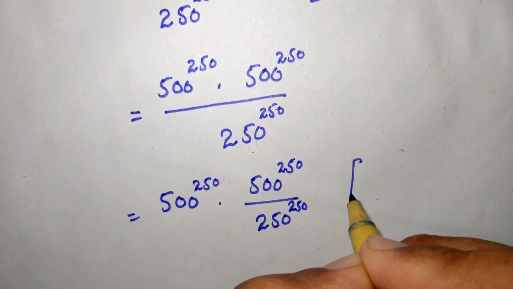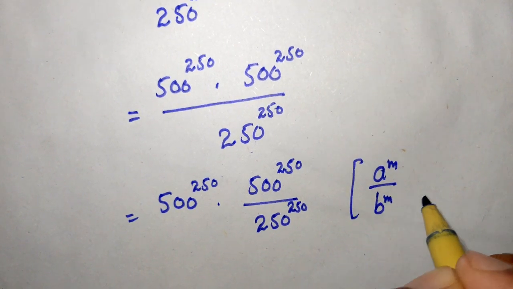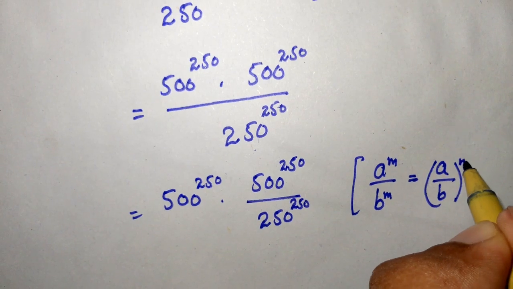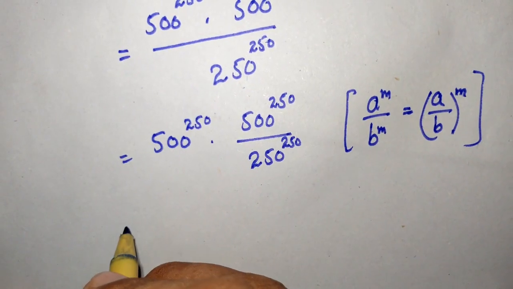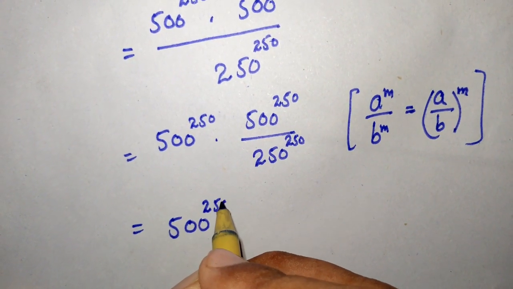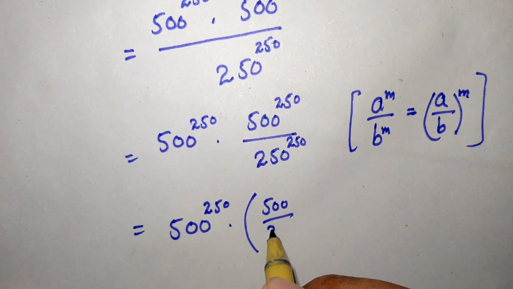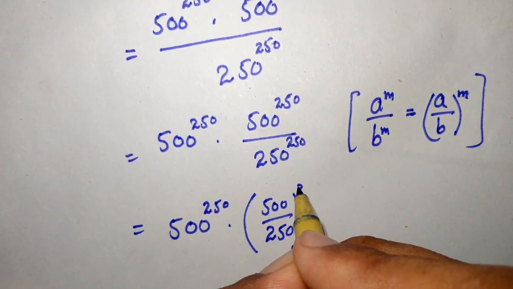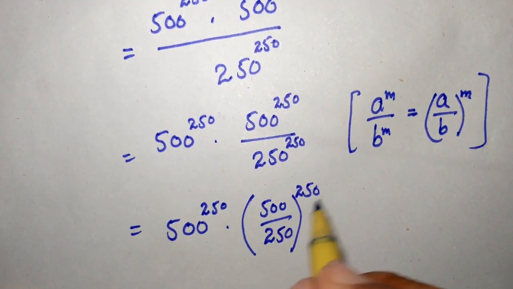This is in the form of a to the power of m divided by b to the power of m, which is equal to (a divided by b) to the whole power of same power, that is m. So we can write this as 500 to the power of 250 times (500 divided by 250) to the whole power of 250, because here the powers are same, 250 and 250.